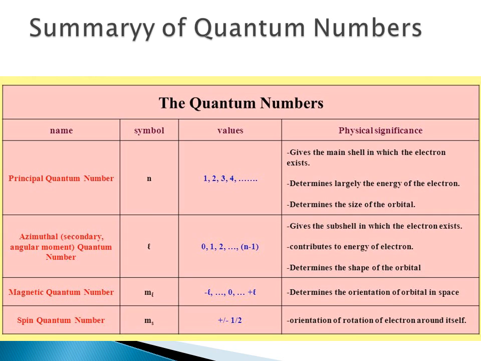The third one is the magnetic quantum number, denoted by m_l. Its values range from minus l to 0 to plus l. It determines the orientation of the orbital in space.